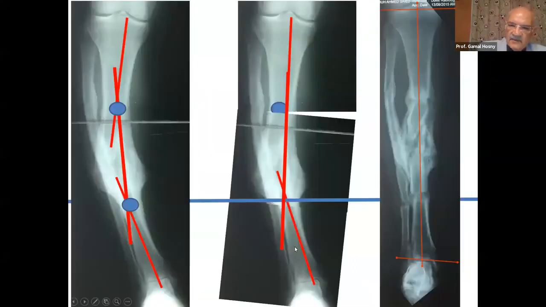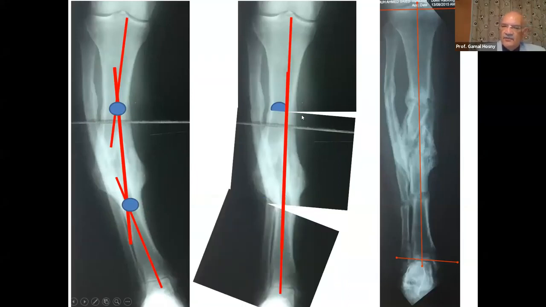Again, we have an osteotomy over the transverse bisector line here, another osteotomy over the transverse bisector line here, and we did open wedge and open wedge. We have shortening, and with this open wedge, we've been able to correct the limb length inequality. You see, we have lengthening here, and we have lengthening over there. And you see the mechanical axis. If you calculate your angles, it's going to be normal.